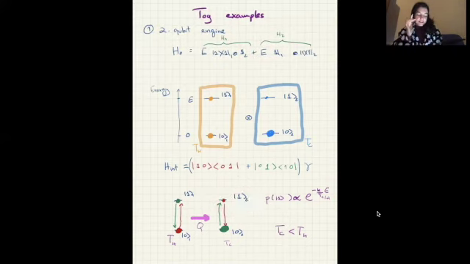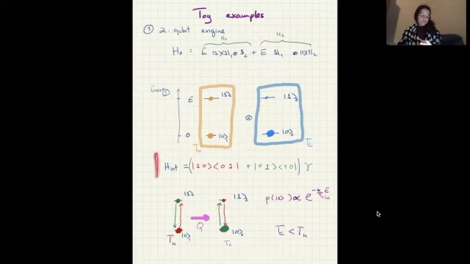And the idea here is that if the temperature here is lower than this one, then it's more likely that the two qubits are initially in the green state, this one being excited and this one being in the ground, than the other way around, right? Just from the fact that this population here is going to be larger than that.